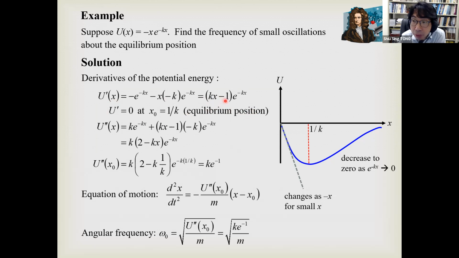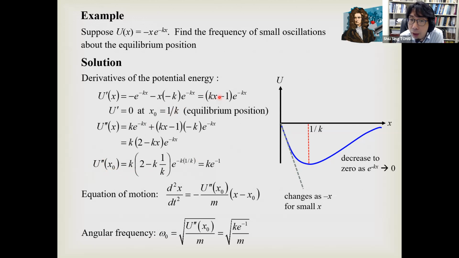And I then proceed to find the second derivative. I differentiate this again. I differentiate the bracket, which gives x plus something, by the product rule. I keep this term intact, and then I differentiate the exponential term again, which gives a factor of minus k. So simple algebra will lead me to this. This is the second derivative of U. Now I evaluate the second derivative of U at the equilibrium position, which is x naught equal to 1 over k.